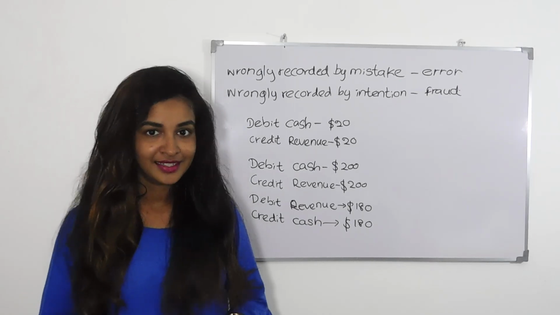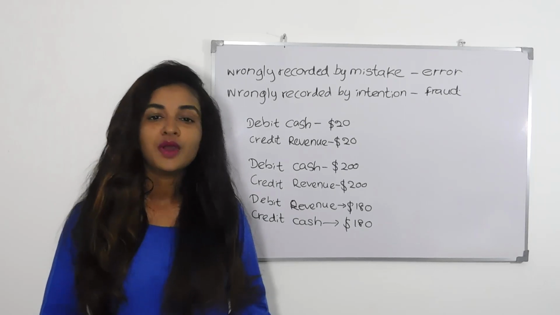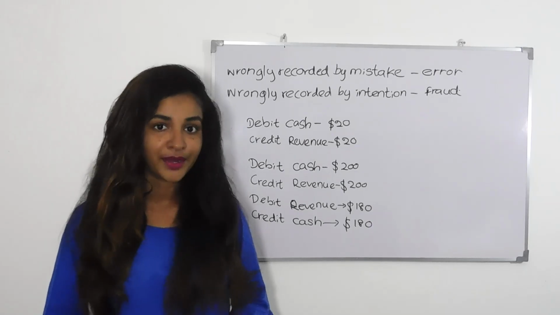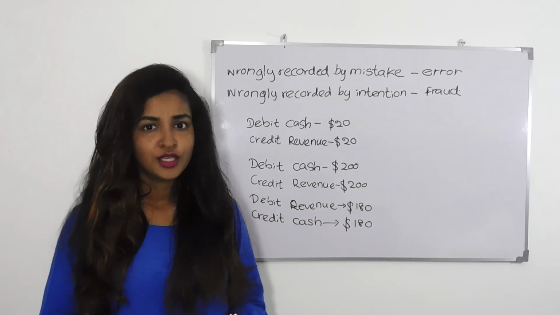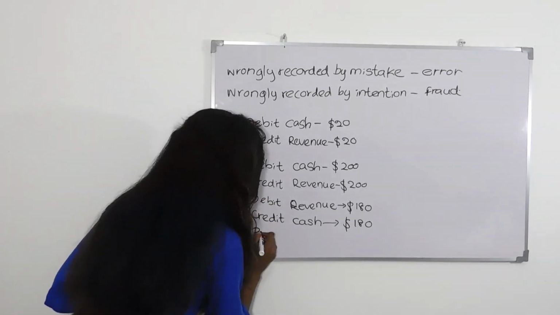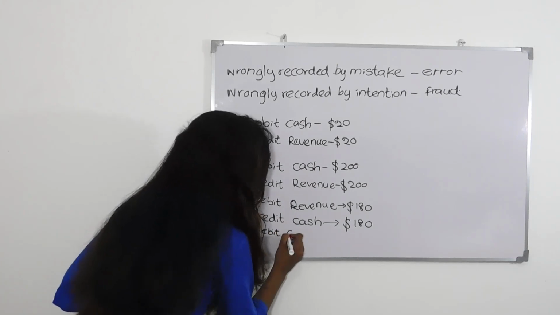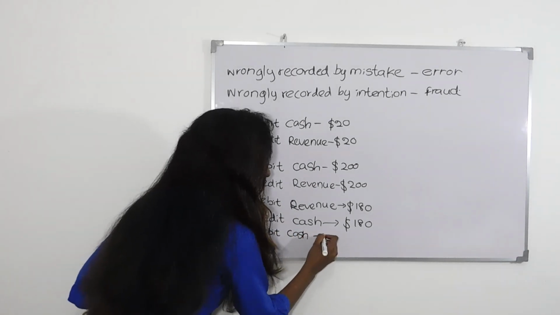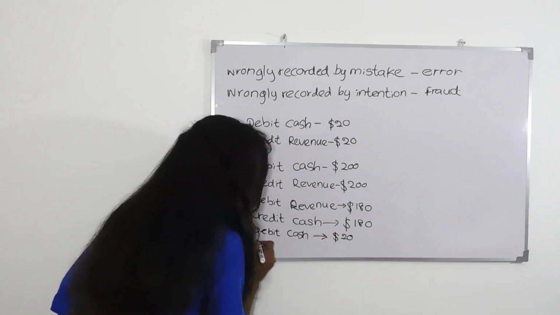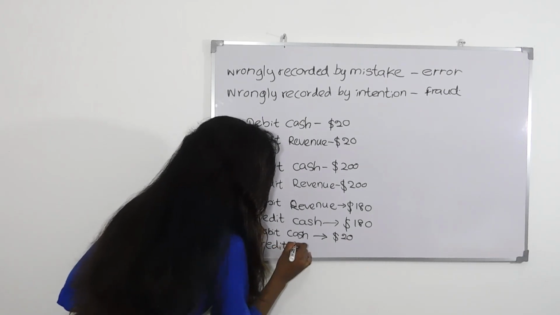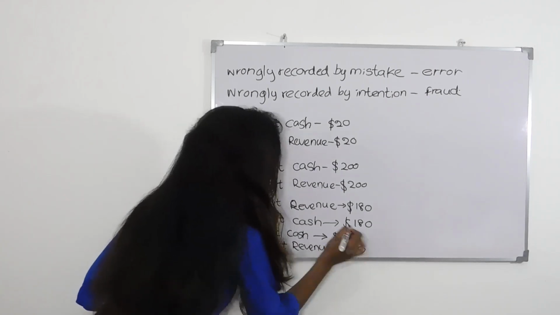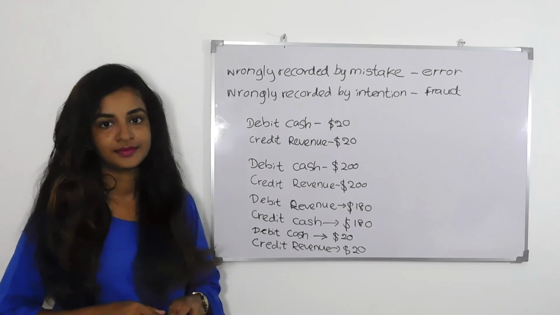And similarly, revenue was credited with $200 less $180 debited, net credit revenue $20. So the correct entry will be debit cash $20 and credit revenue $20.